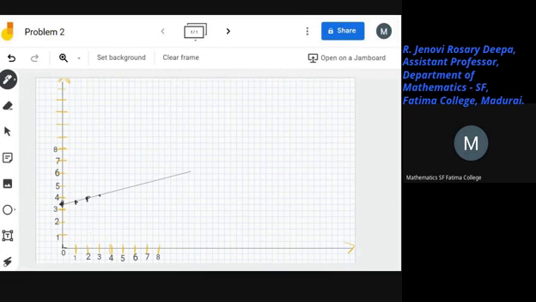That is the next straight line. So 6, comma 0 is this point on the horizontal line, and 0, comma 6 is somewhere here on the vertical line. So you just join these 2 points. So this is the next straight line.